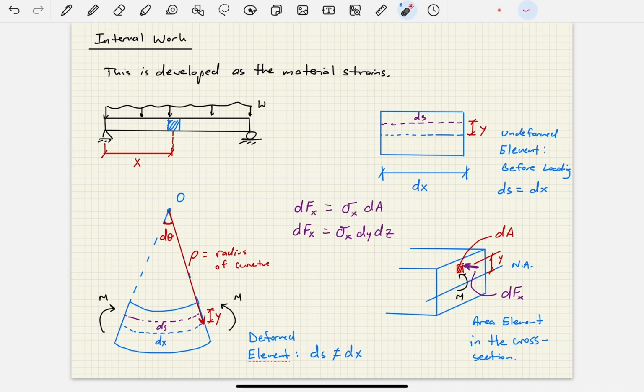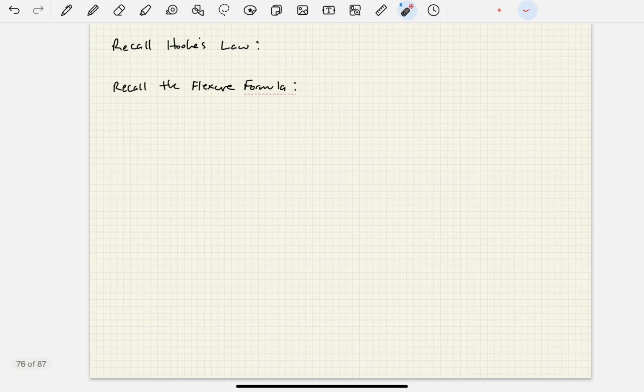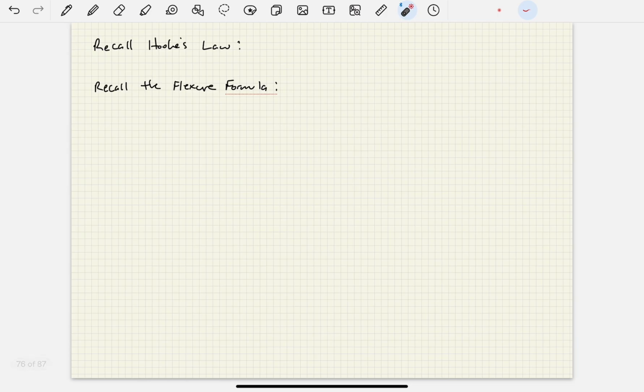So now what I can do is piece this theory together using Hooke's law and the flexure formula, okay? So you remind me, what does Hooke's law tell us? Well, Hooke's law says that sigma, which is stress in a particular direction, I'm going to call this sigma x because that's what I called it on the previous page, is equal to modulus of elasticity times strain, okay?